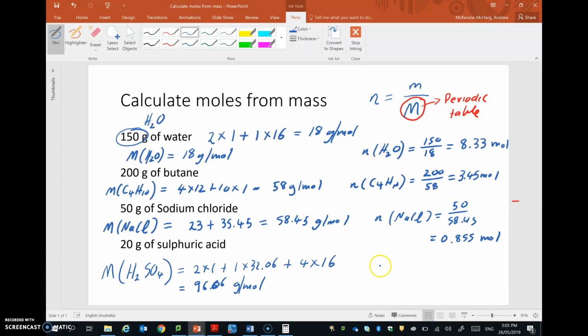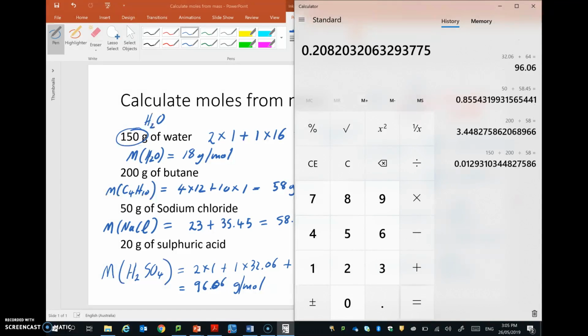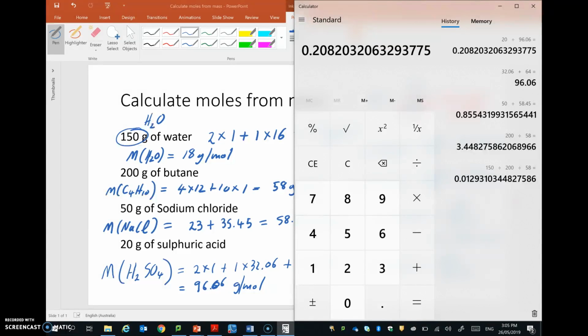Okay, so 20 grams, number of moles of H2SO4. We've got 20 grams of that stuff divided by 96.06 for the molecular mass. So 20 divided by 96.06 gives 0.208 mole.